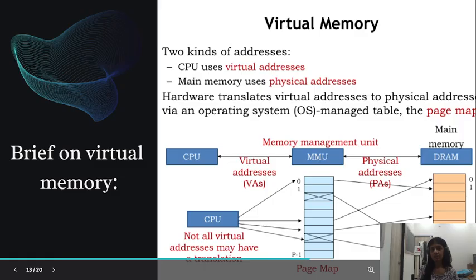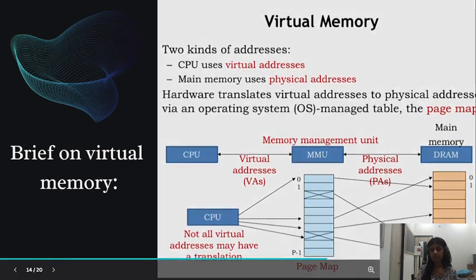Hardware translates virtual addresses to physical addresses via an operating system. And this is basically a table. The table states the two kinds of memories, virtual and physical. The two kinds of addresses also, virtual address and physical address.